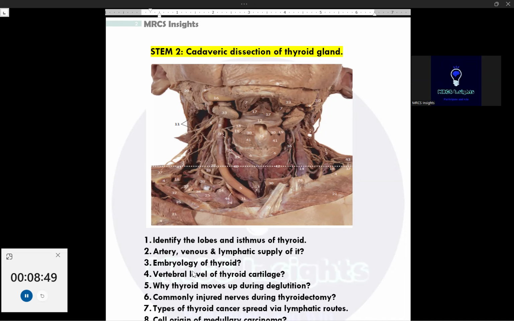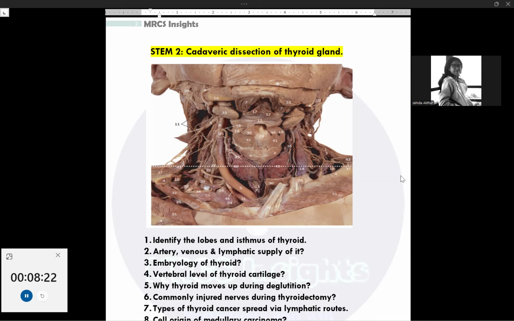Okay, now tell me the embryology of the thyroid gland. The thyroid gland derives from the thyroglossal duct, which comes from the foramen cecum at the junction of the anterior two-thirds and posterior one-third of the tongue. It then descends downwards, and at the level of the thyroid cartilage, the C4 level, it forms the thyroid gland.